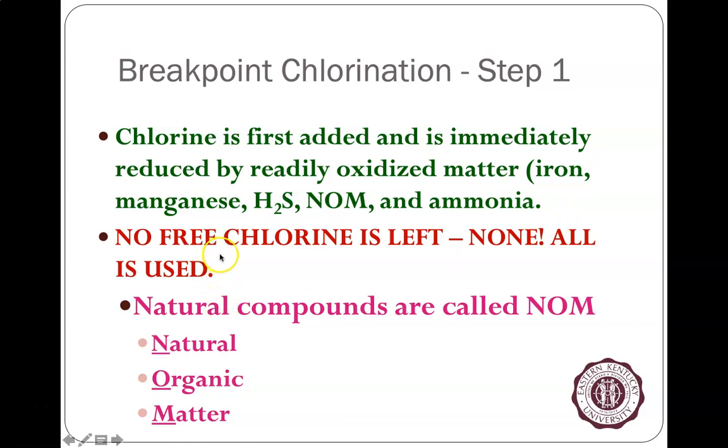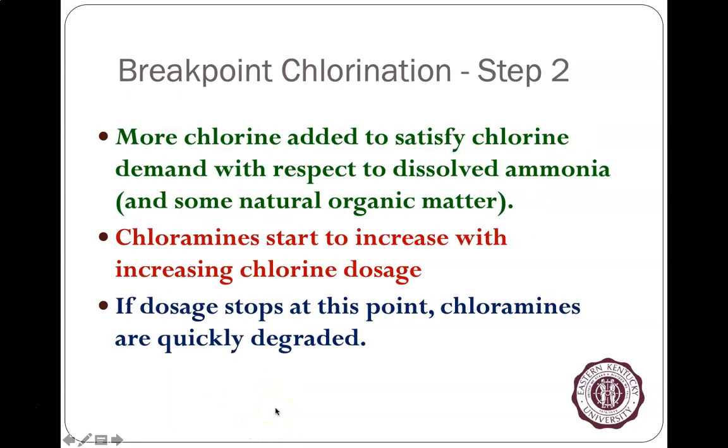Notice, no free chlorine is left, no chlorine residual. So things like natural organic matter, which could be like soils have like humic acids in them and all kinds of stuff. Cyanobacteria release all kinds of little organic compounds in the water. All that stuff interacts with the chlorine and uses it up.